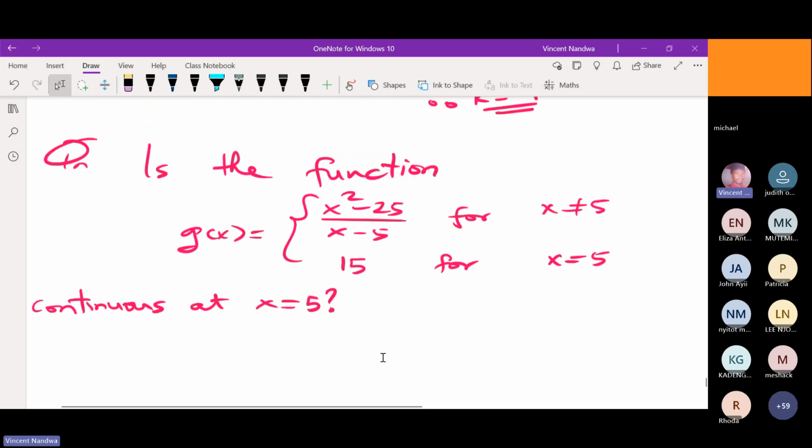The answer depends on whether all three properties of continuity at x equals 5 are satisfied. So the first thing: what is the value of f at 5?